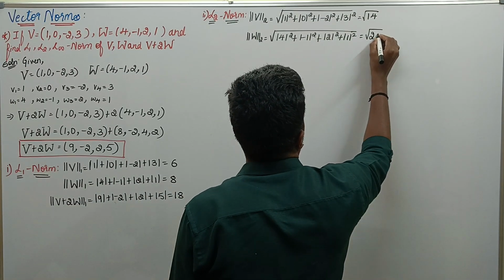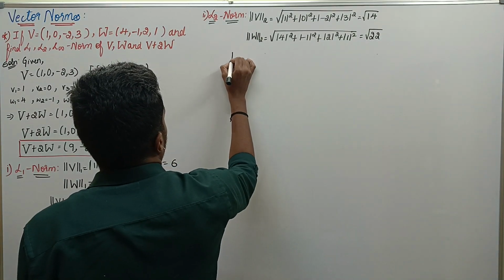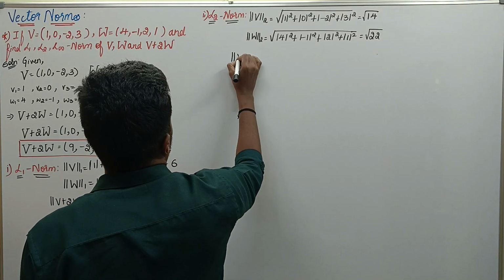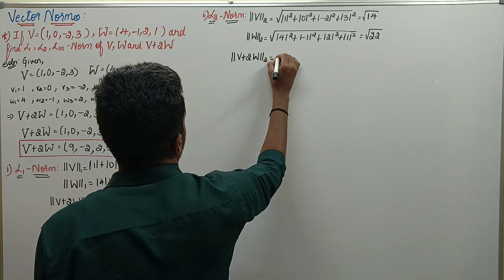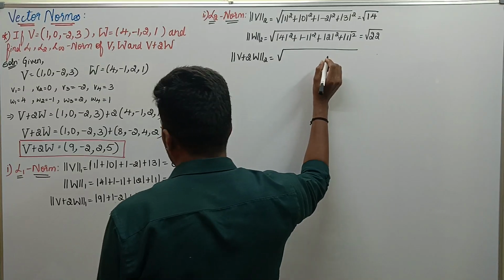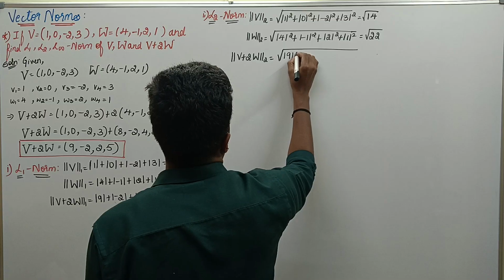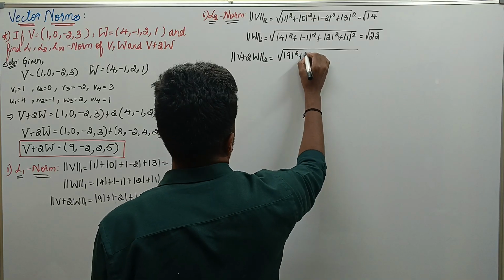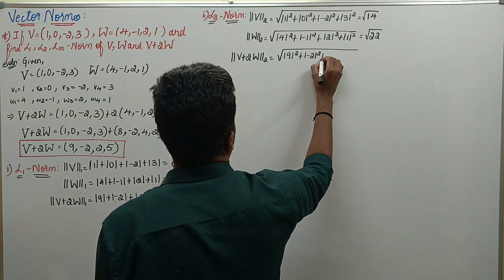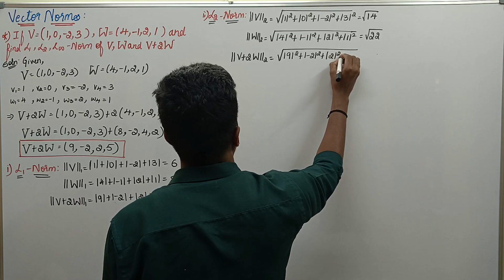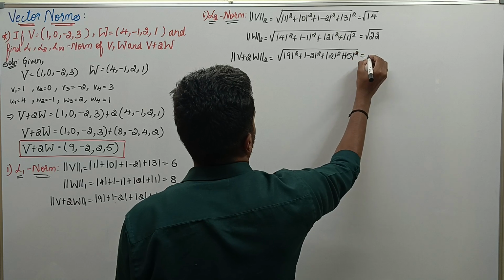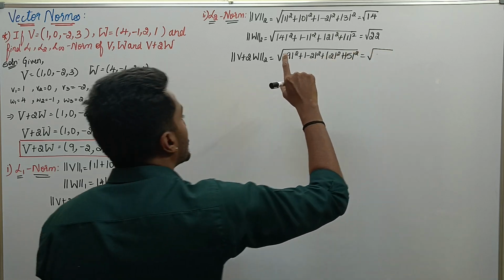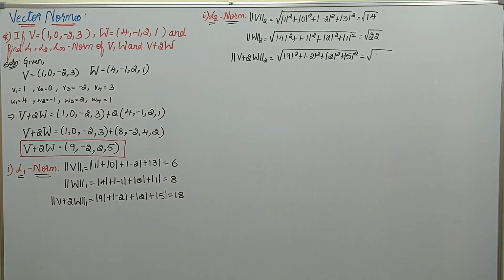The last is norm V plus 2W norm 2, which is equal to square root of modulus 9 square plus minus 2 square plus 2 square plus modulus 5 square, where the minus sign becomes positive, remember.